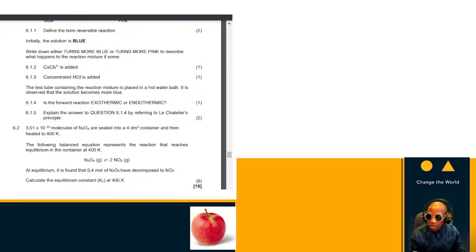Now they ask us to calculate the equilibrium constant. First of all, if they give us the number of molecules of N2O4, we have to use the quantitative quantities that we learned in grade 10.